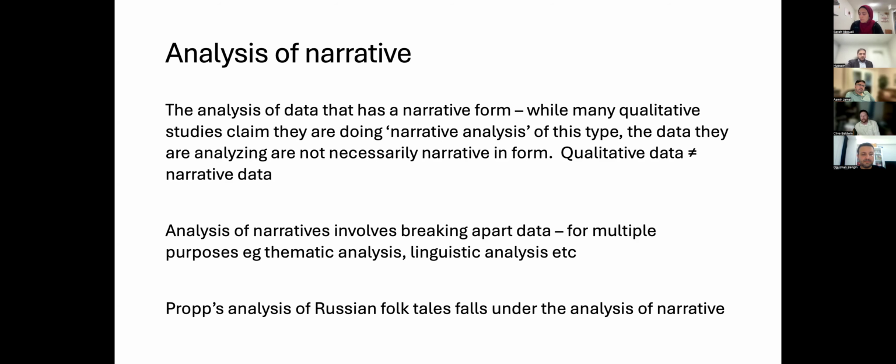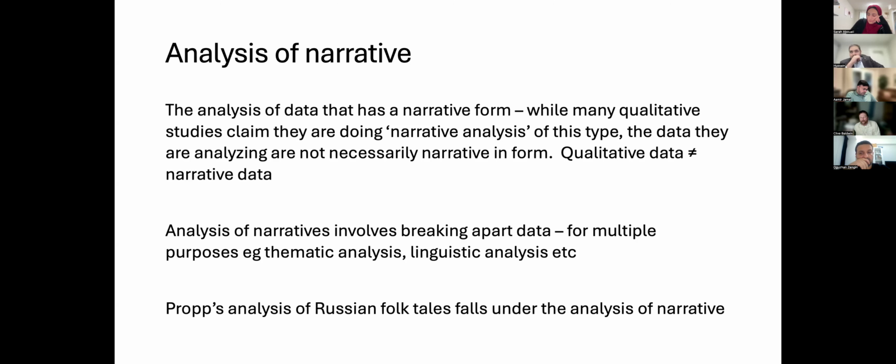So the analysis of narrative is basically where you have narrative data, whatever those data are: interview data, written stories, books, whatever it is. Many qualitative studies claim they're doing narrative analysis of this type. Now there tends to be, I believe, some confusion or at least lack of clarity.